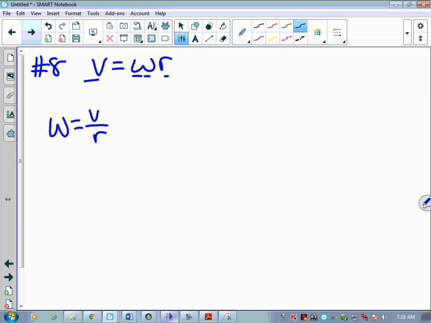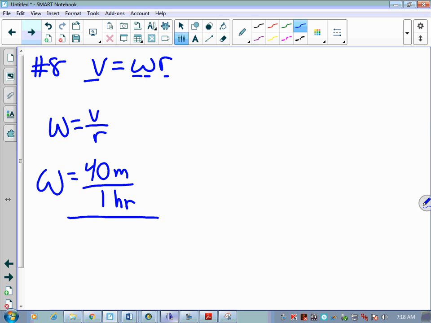Okay, so our linear velocity was 40 miles per hour, 40 miles per 1 hour, divided by the radius.